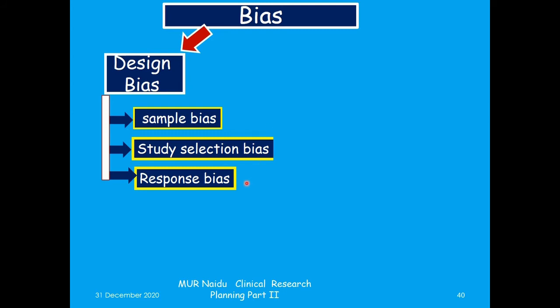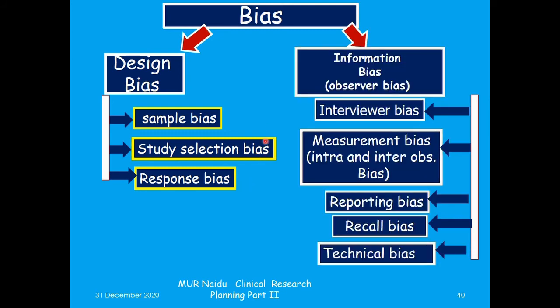The other type of bias which is very common is information bias or observer bias. This can be significantly reduced if the observer or investigator or the investigating team are very careful at every point of time during the collection of data. One is the biasness because of interview.